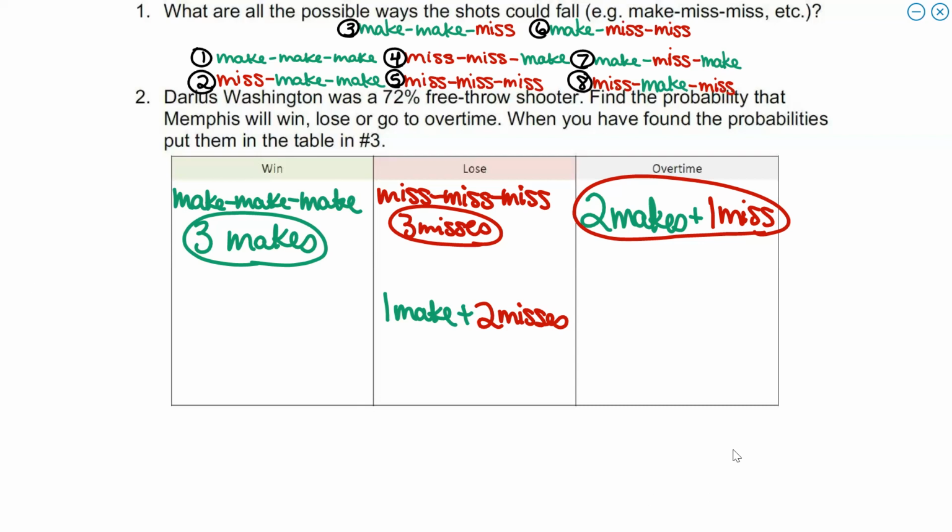This k here is still number of makes. p is the probability that we make a shot, the probability of a make.